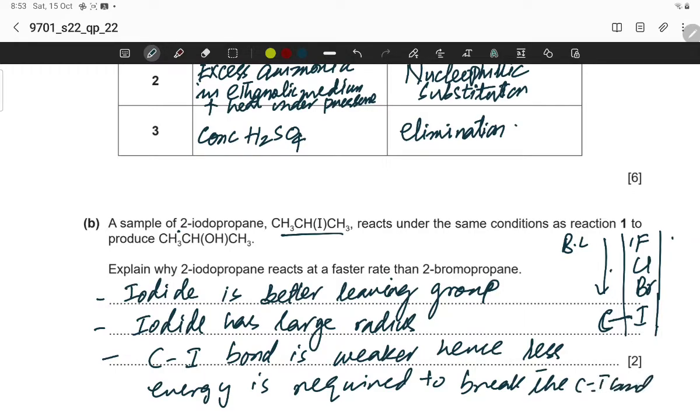So there is no need to write more because it is 2 marks, explaining why 2-iodopropane reacts at a faster rate than 2-bromopropane. So these are the reasons why 2-iodopropane reacts at a faster rate than 2-bromopropane.